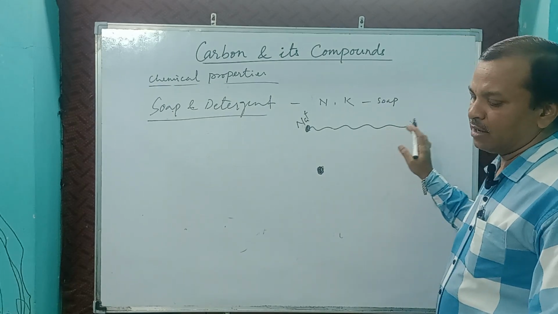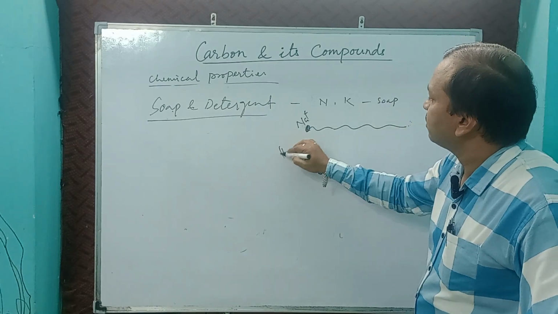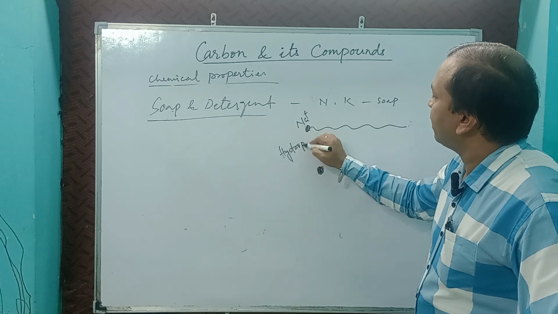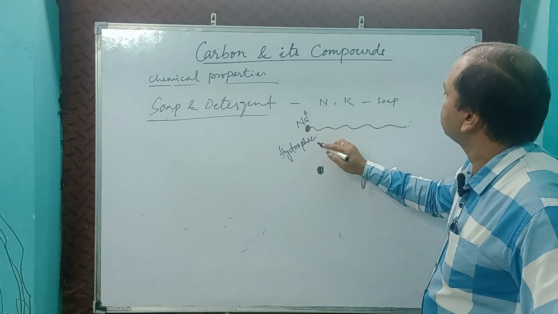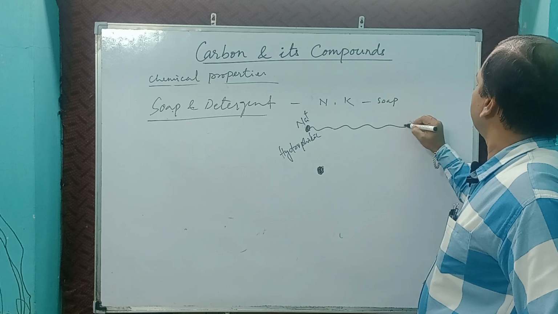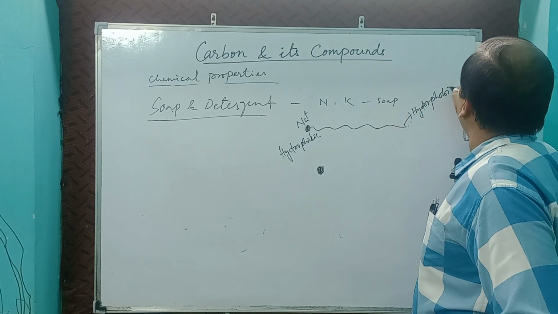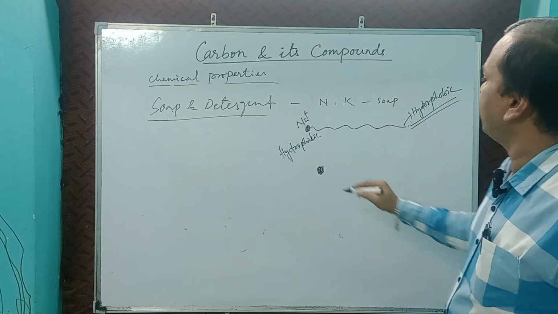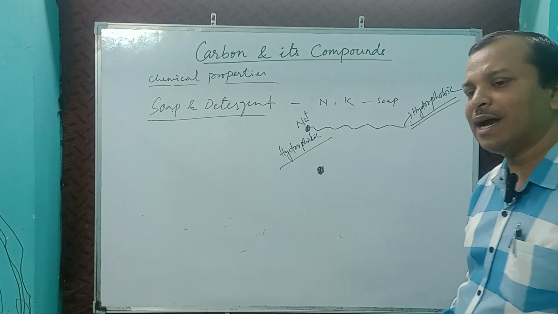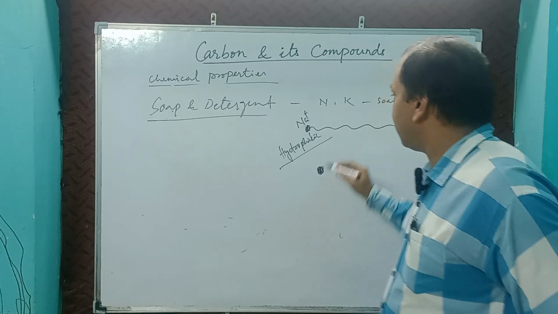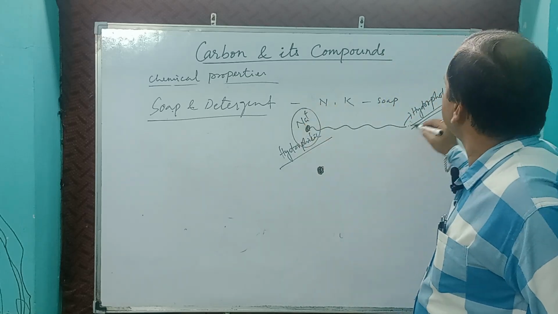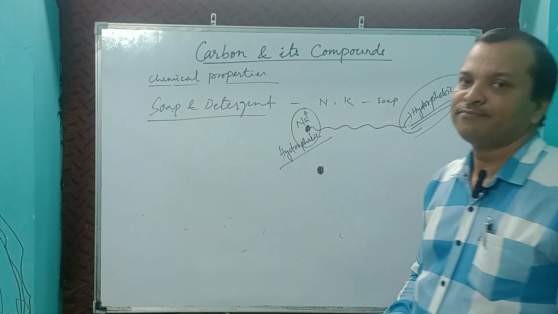This is called the hydrophilic end, and this end is called hydrophobic. What is the difference? The hydrophilic end is soluble in water. The hydrophobic end is soluble in oil.